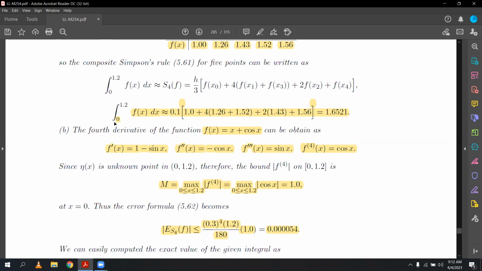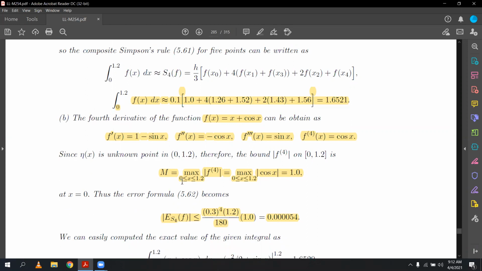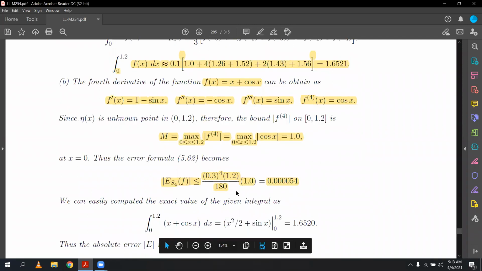Your interval is 0 to 1.2, so your b is 1.2 and your a is 0 here. Then you use h equals 0.3, h to the power 4, b minus a is 1.2 minus 0 which is 1.2, divided by 180, times the maximum value of the fourth derivative, and we just calculated M is 1. So that's what we have here.